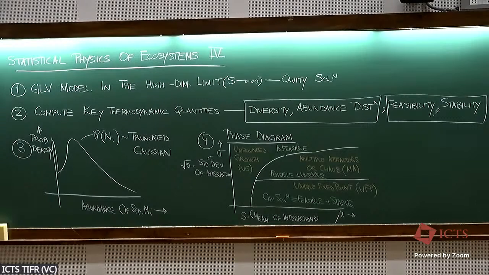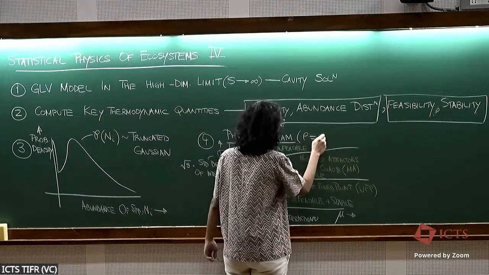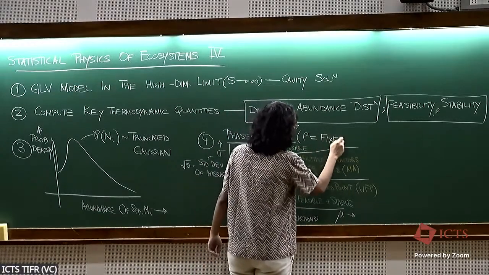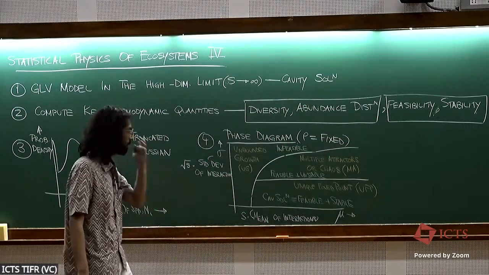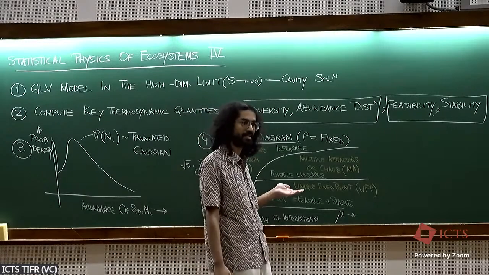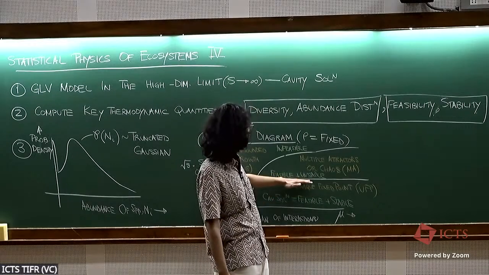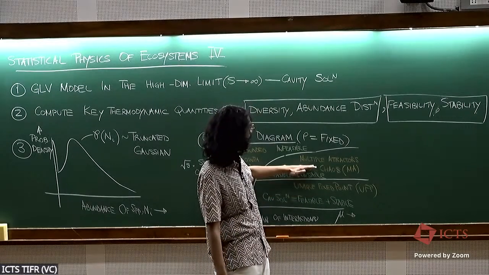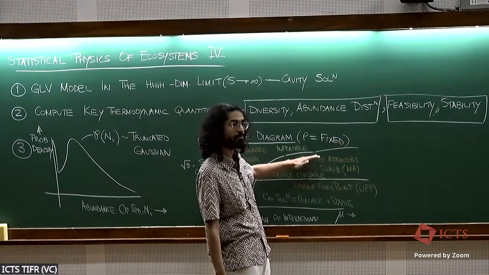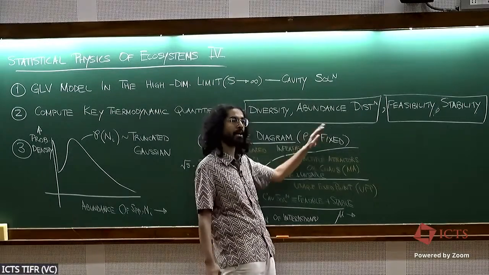What about rho? Great question. So this phase diagram that I've drawn is for a particular value of rho. So this is rho fixed. What you will see, and we'll talk about it later in this class, is that the qualitative behavior of this phase diagram remains the same for any value of rho that you fix. The only thing that changes with rho is basically whether this instability boundary moves up or down, and also whether this infeasibility boundary twists a bit.